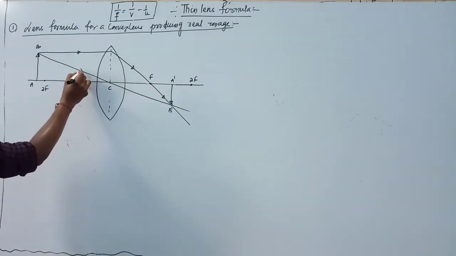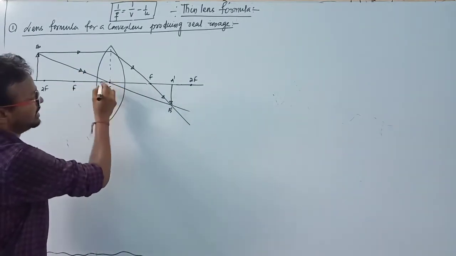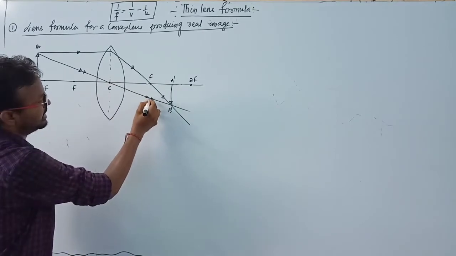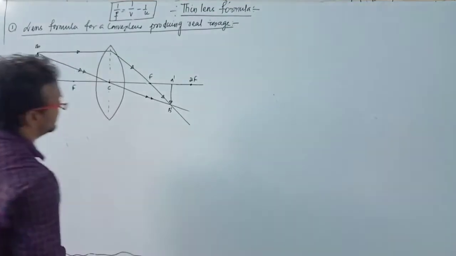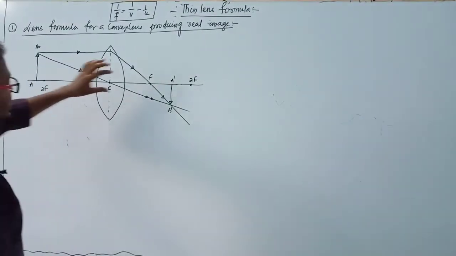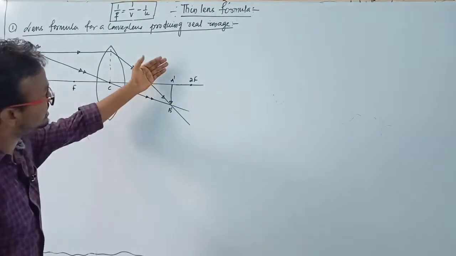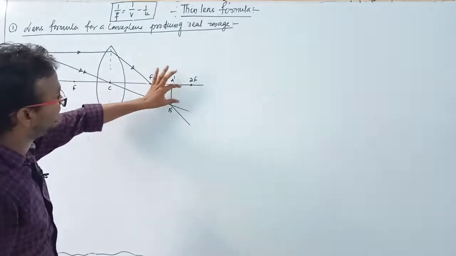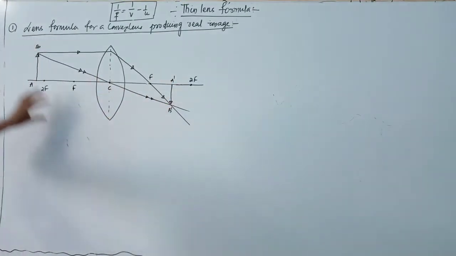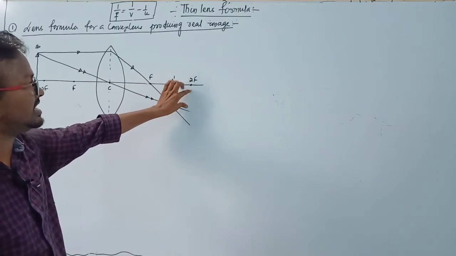This is the second ray which is incident on the optical center and travels undeviated in this direction, and meets at this point which forms an image, and that image is known as a real image, and it is inverted. Clear? Real, inverted and diminished as compared to the object. This image is small, so it is known as diminished.